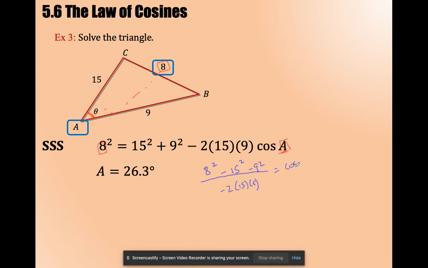That is equal to cosine of A. And then you're doing inverse cosine of both sides. Okay, notice I have a negative in the denominator, but I'm also going to have a negative up here. All right, and when I was done plugging and chugging all of that, I got 26.3 degrees.